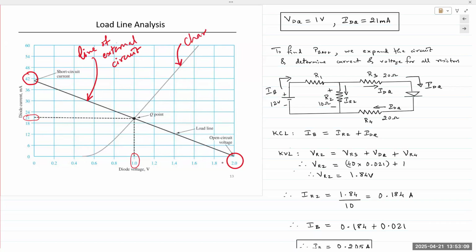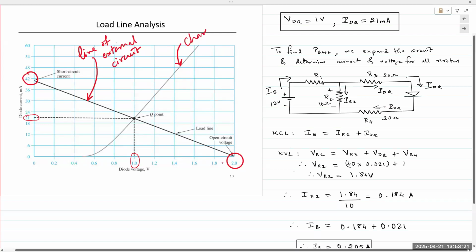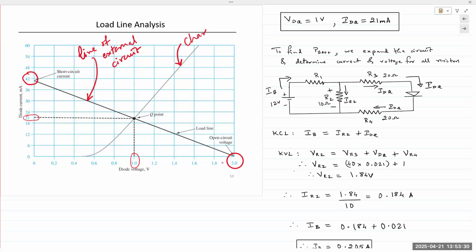Remember, load line analysis is trying to solve for the diode voltage and the diode current. So there are 2 variables, diode voltage VD, current ID. We have 2 variables and we want to solve them. We need at least 2 equations. So if you're performing a graphical analysis, one of the equations is the diode characteristic. The second equation is the line.